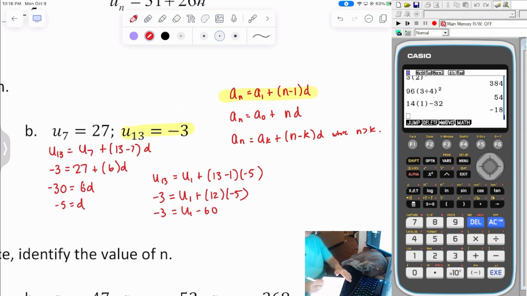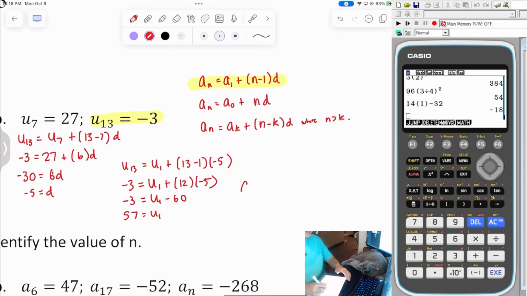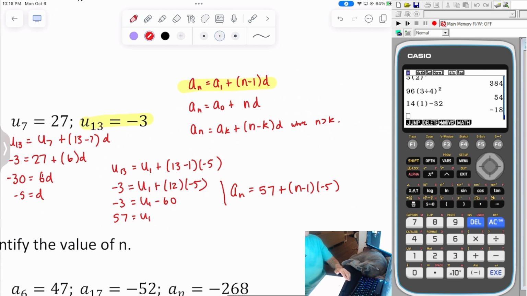Adding 60 to both sides, I now get 57 is equal to u sub 1. Now that I know the first term, I can plug this back into the original equation. I don't plug anything in for a sub n, so I can generalize it for any nth term. So a sub n is equal to 57 plus n minus 1 times negative 5. There's my equation that describes the nth term.